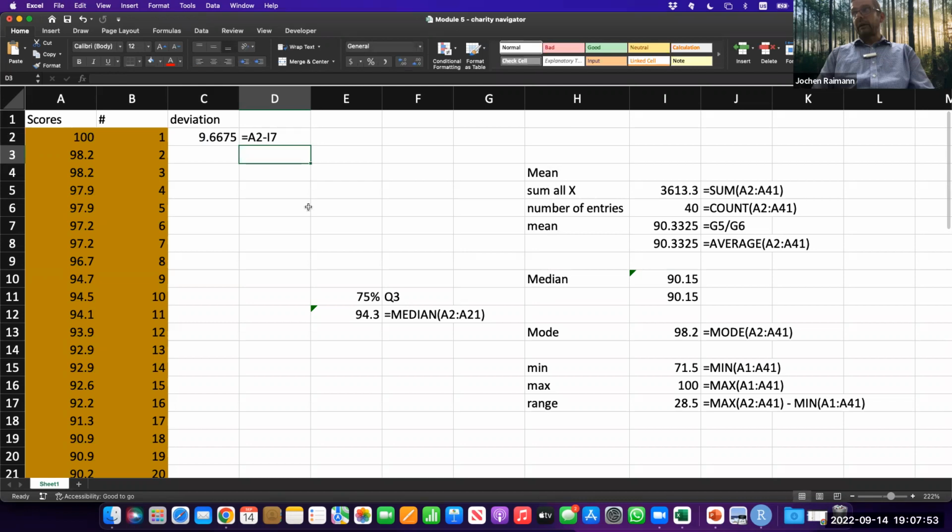Well, we will need to modify it a little bit because we're lazy and we would just want to propagate that formula downwards. Okay, so this is how you calculate your first deviation. Was there a question? Do you have a question?